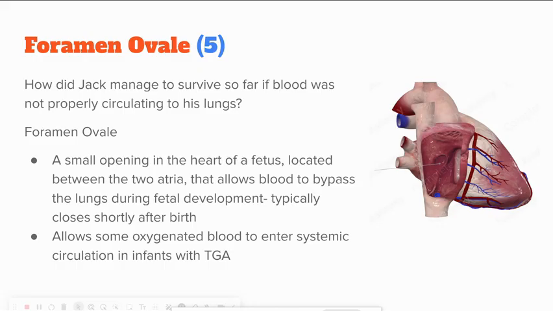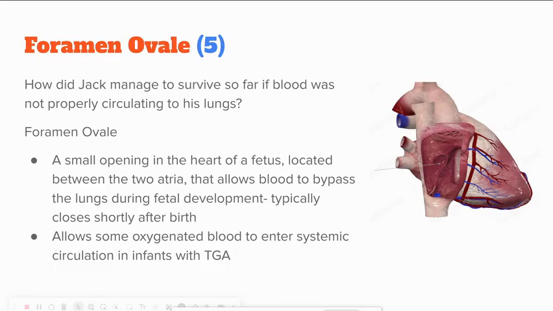And so how did Jack manage to survive so far if blood was not properly circulating to his lungs, and especially since he has deoxygenated blood? So let's talk about a structure called the foramen ovale. The foramen ovale is a small opening in the heart of a fetus.